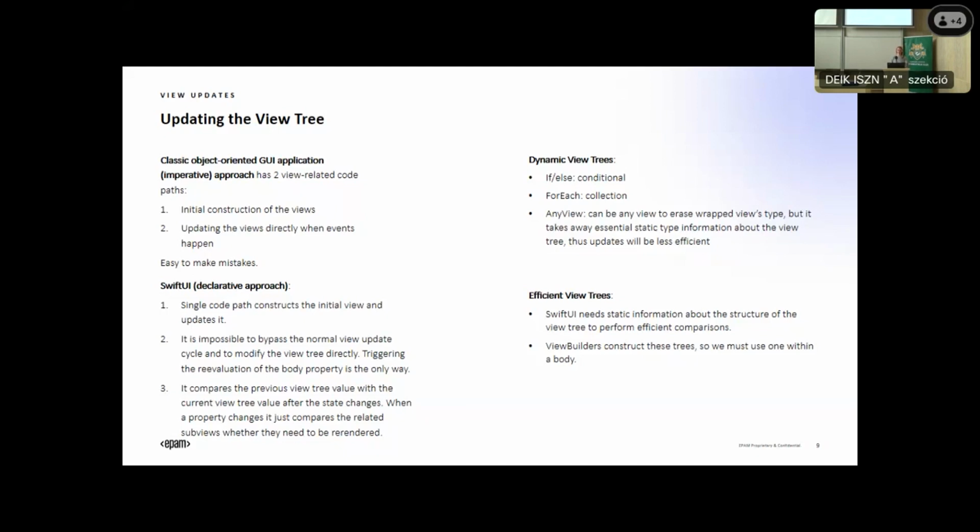What happens is that we have two view trees, the old one and the new one, and the two are compared based on what property has changed. So obviously, in our previous example, we wouldn't compare the button because it wouldn't change, but we have changed a property that would trigger the update of the text. And now, how can these trees be dynamic?